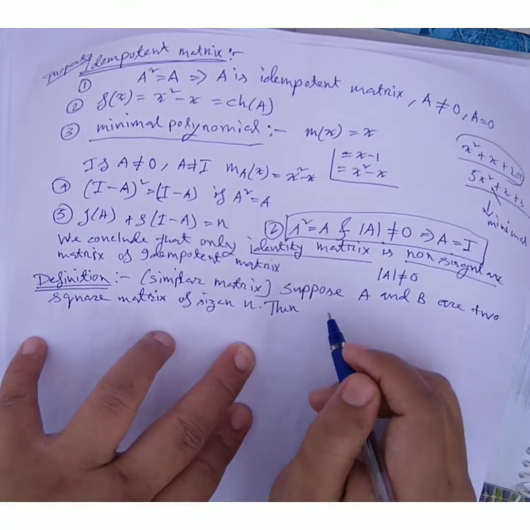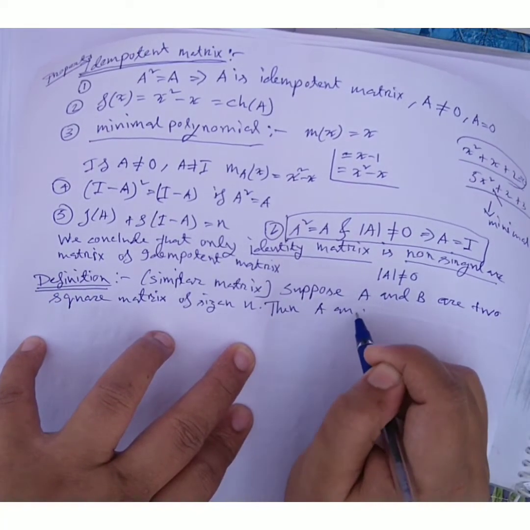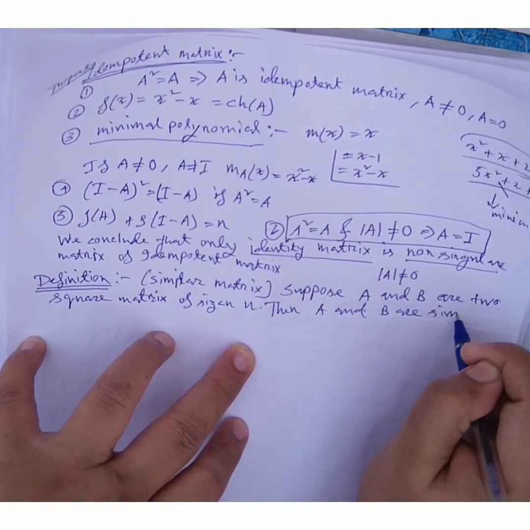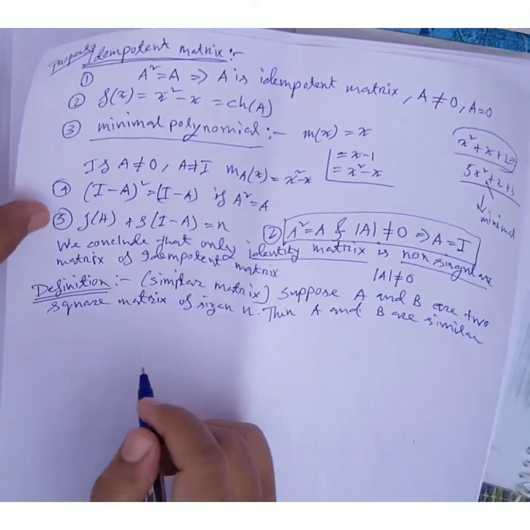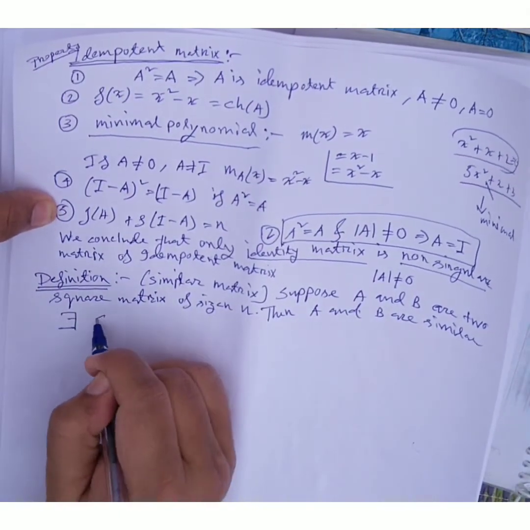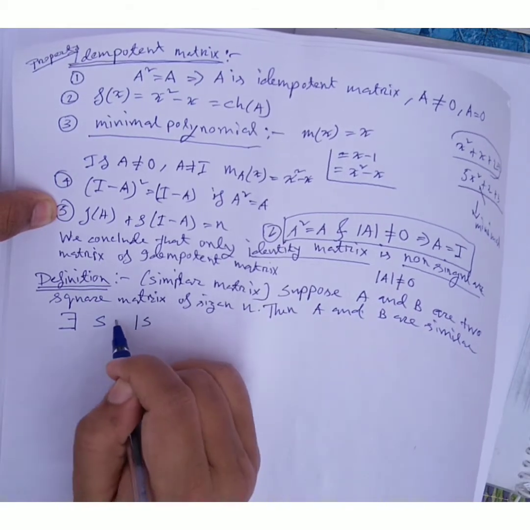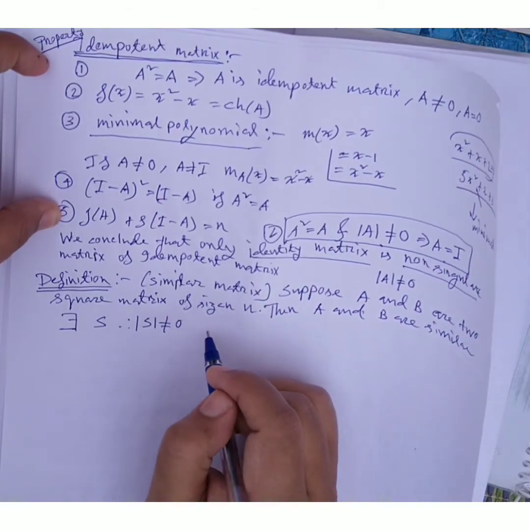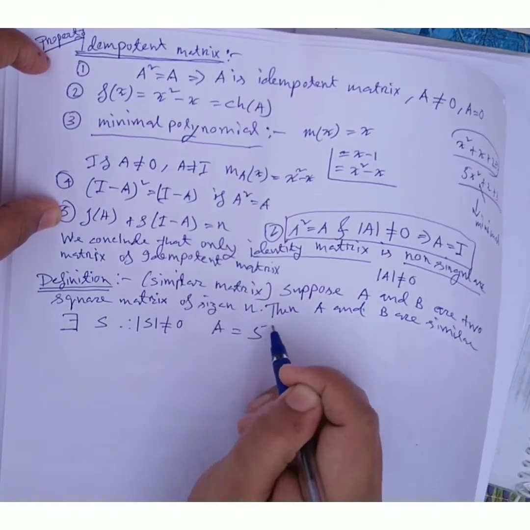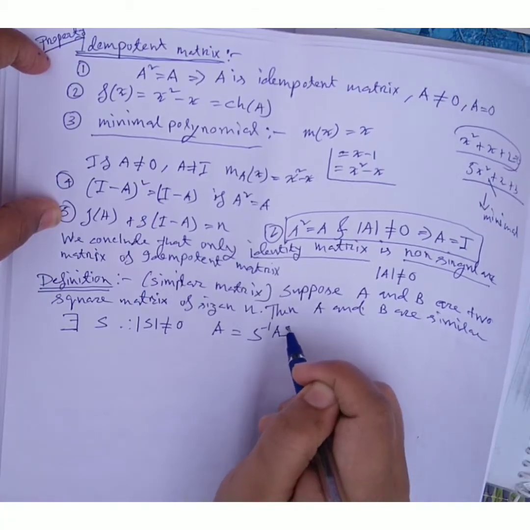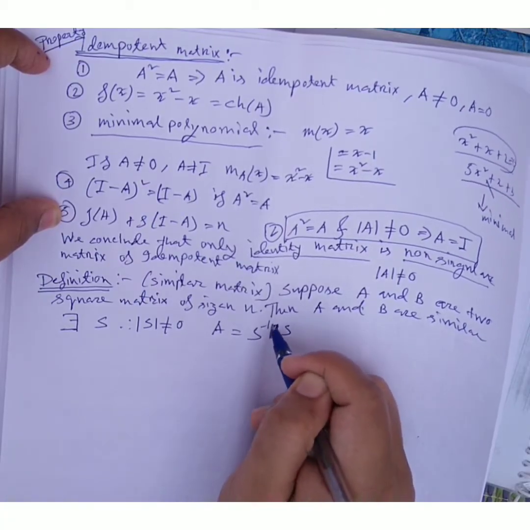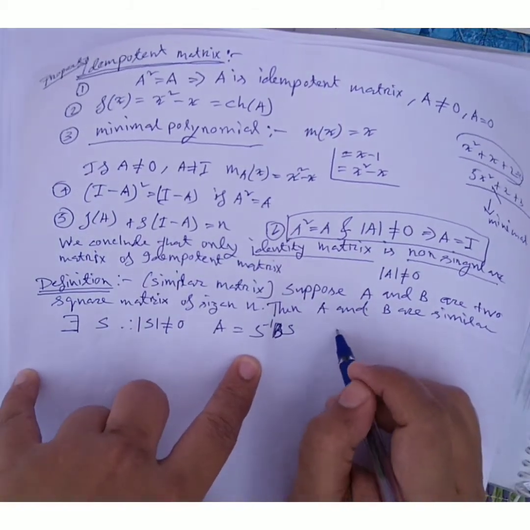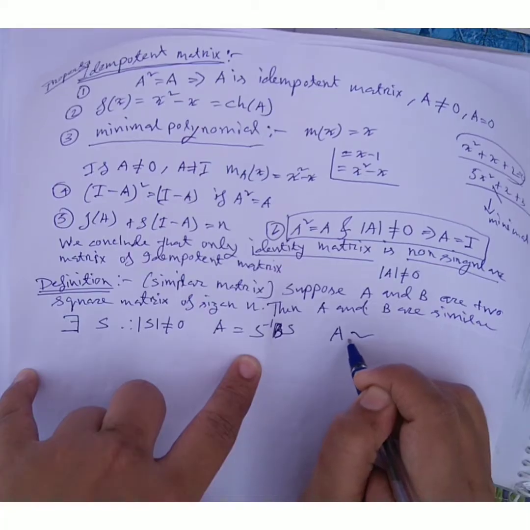Then A and B are similar when there exists S such that det S does not equal 0, and A equals S inverse BS. Then we can say A is similar to B.